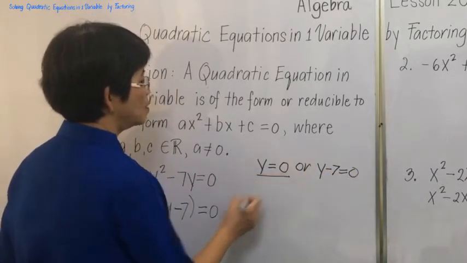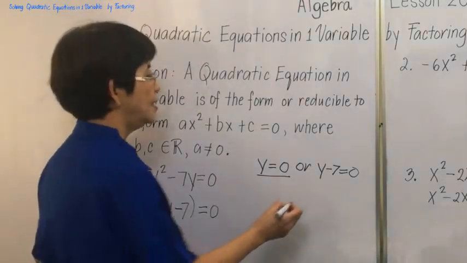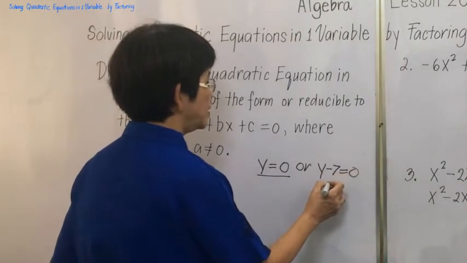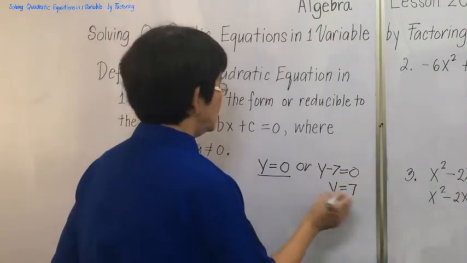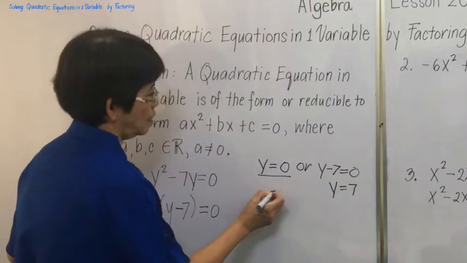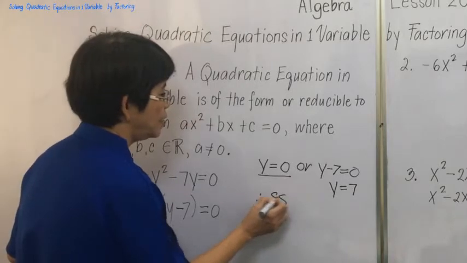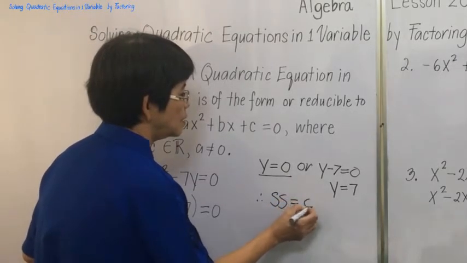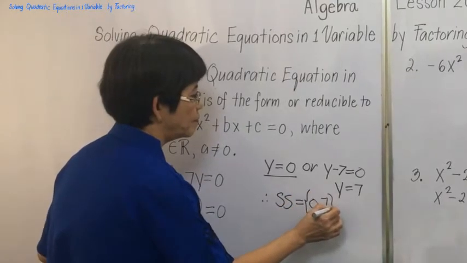If y = 0, that's one of the members of the solution set. Solving for y here, y is equal to positive 7. So we have two solutions. Your solution set, therefore, is 0 and positive 7.